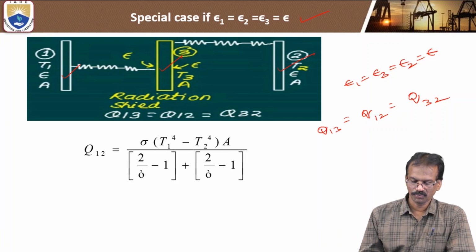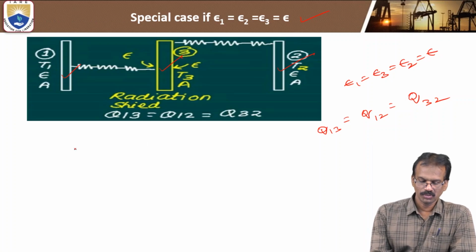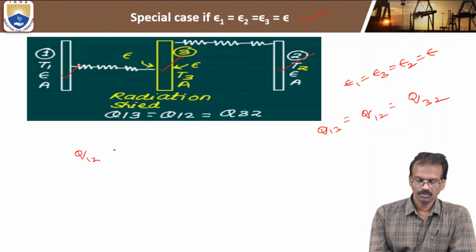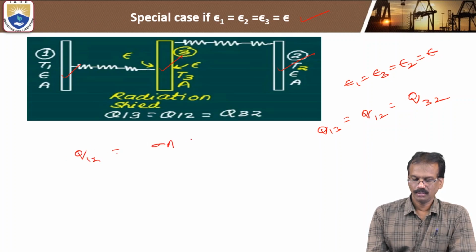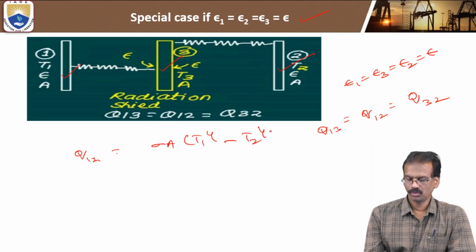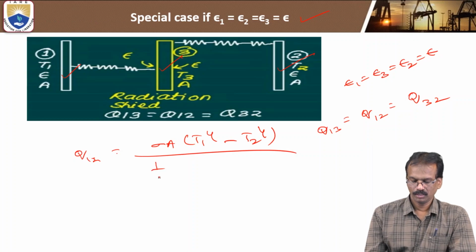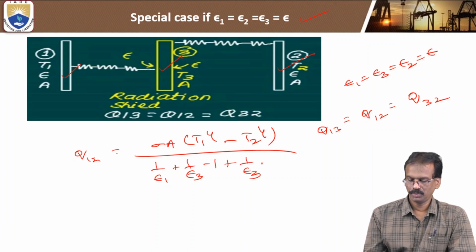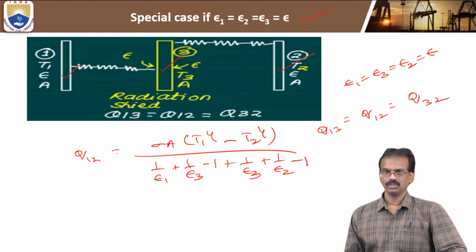Because you know the previous formula, Q12 is equal to sigma A, T1 to the power of 4 minus T2 to the power of 4, divided by 1 by epsilon 1 plus 1 by epsilon 3 minus 1 plus 1 by epsilon 3 plus 1 by epsilon 2 minus 1. So this is the formula.